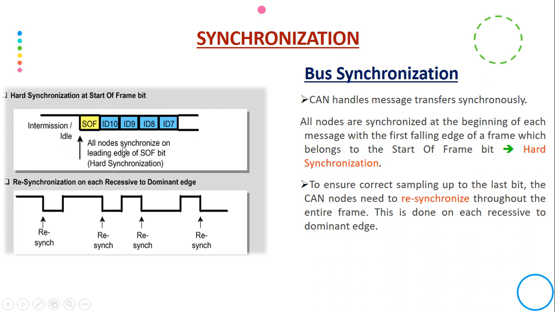That is known as hard synchronization. And to ensure that every bit up to the last bit is correctly sampled, the CAN nodes always need to resynchronize throughout the entire frame period. This is done on each recessive to dominant edge.